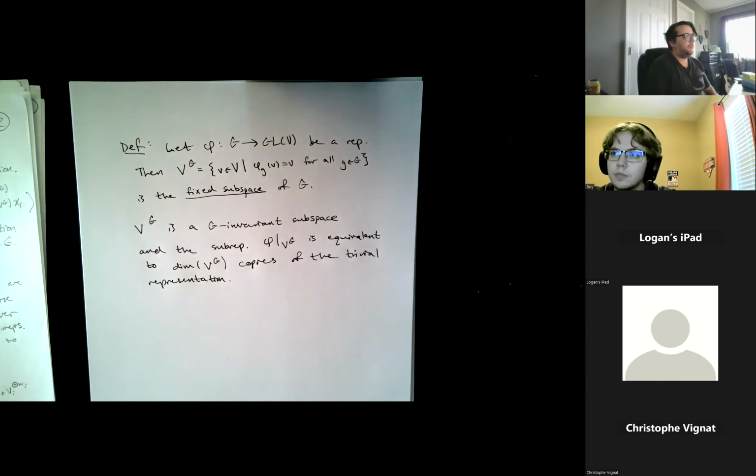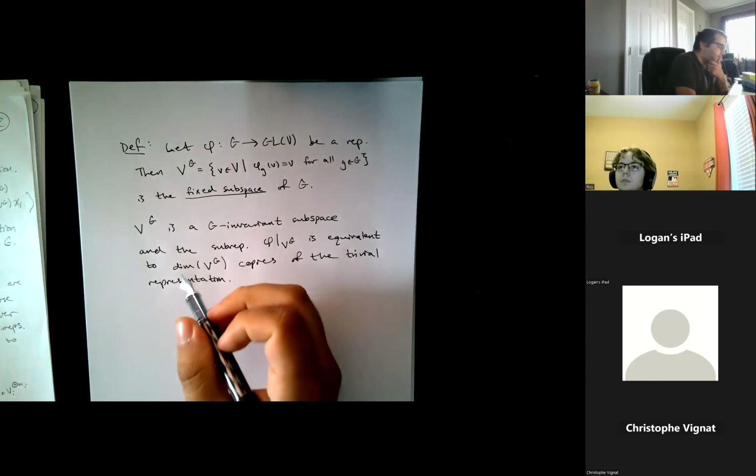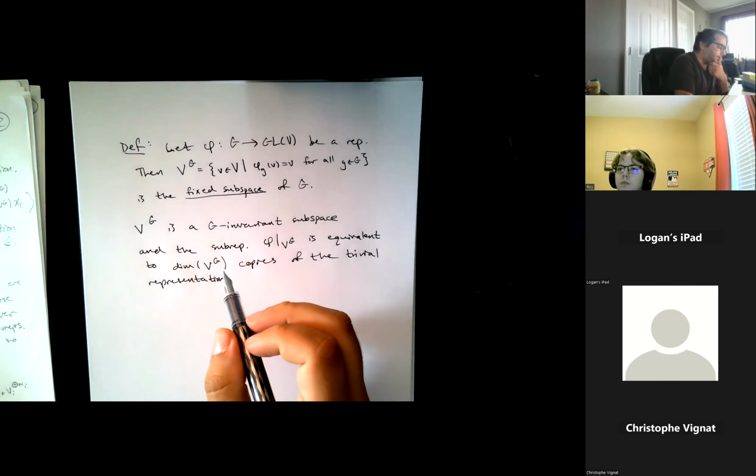The trivial representation is the one-dimensional representation where everything is mapped to one.